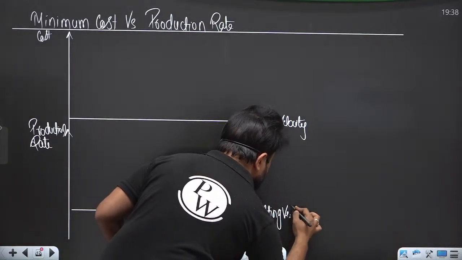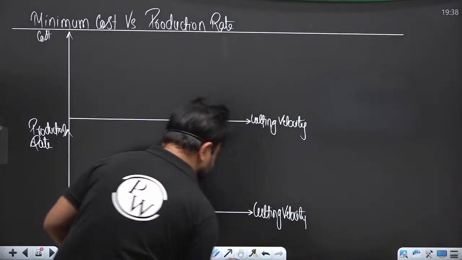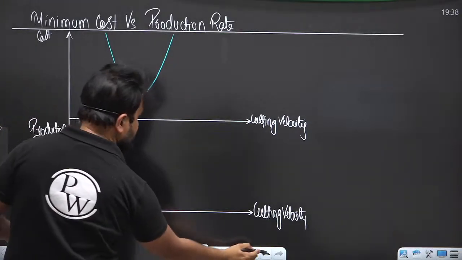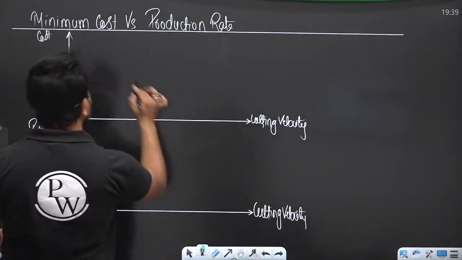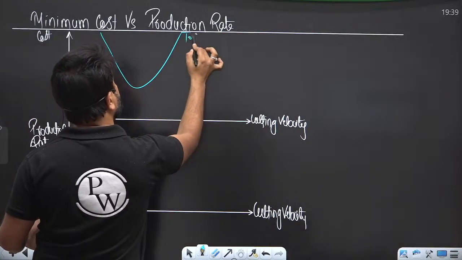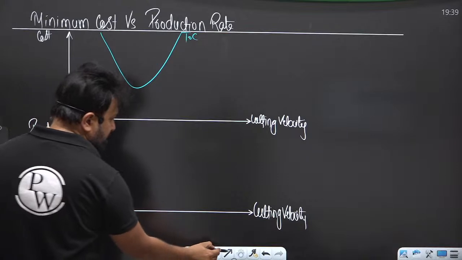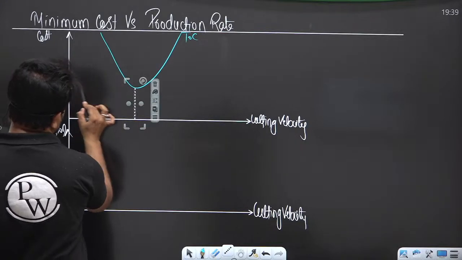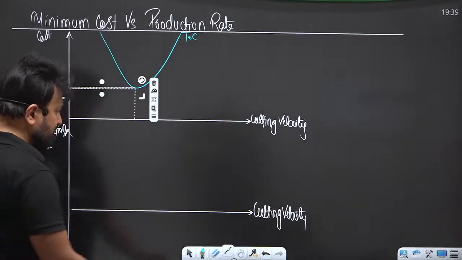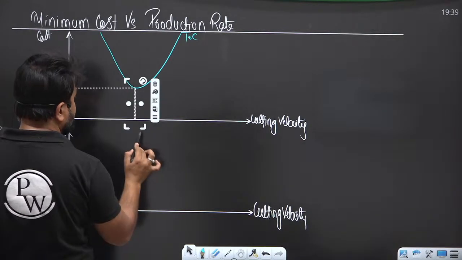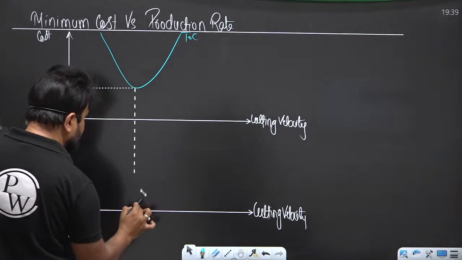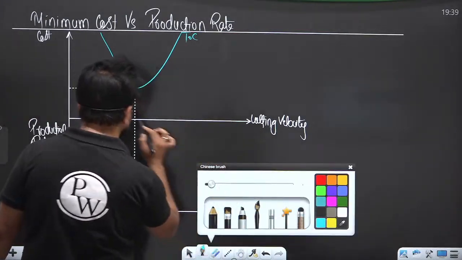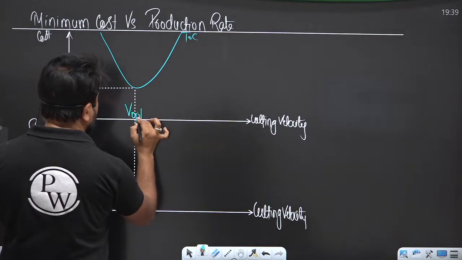This is the graph of total cost, and this is the velocity where you are getting the minimum cost. We call that velocity the optimum velocity.